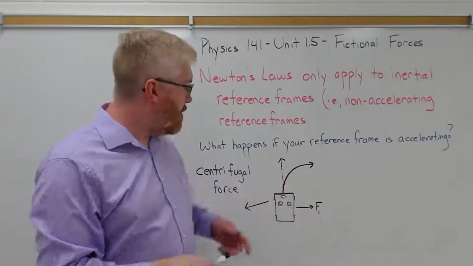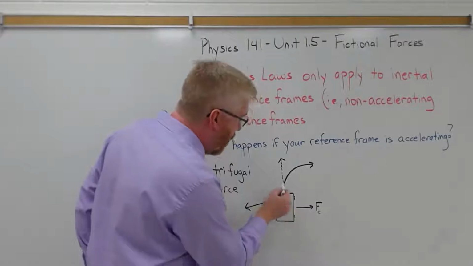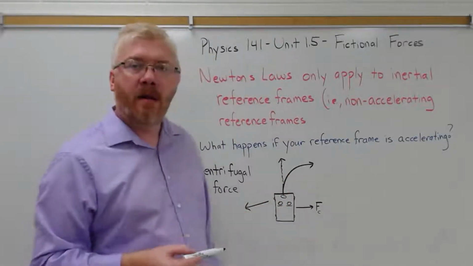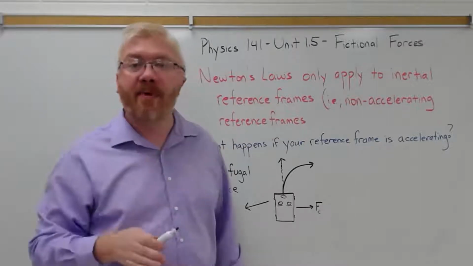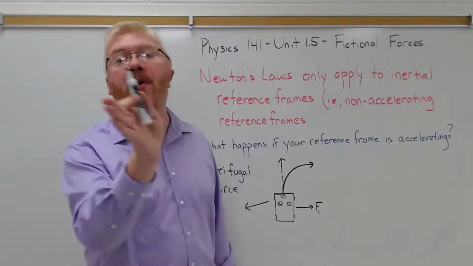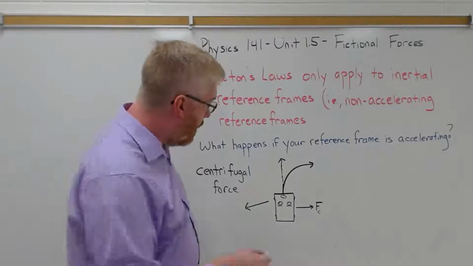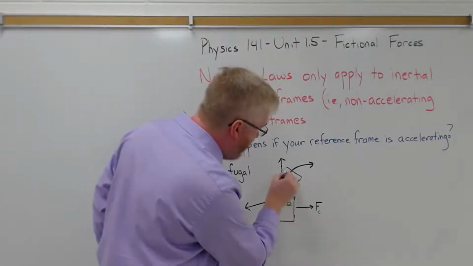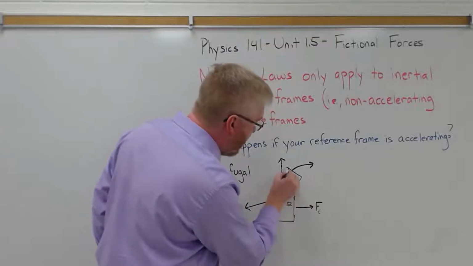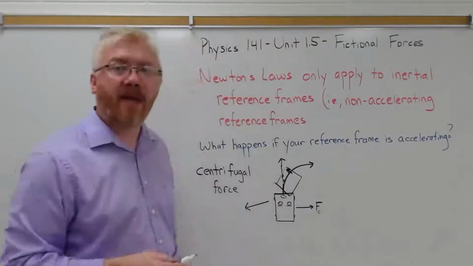Well, your sunglasses wanted to go in a straight line. The friction between your sunglasses and the dashboard, which might be slippery vinyl, wasn't enough to force the sunglasses around the corner. So as your car turned around the corner, the sunglasses kept in a straight line and they looked like they went to the left.